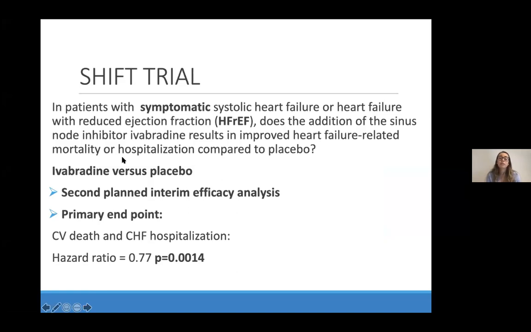In this trial, what they wanted to check is whether, in patients with symptomatic systolic heart failure, or heart failure with reduced ejection fraction, this sinus node inhibitor, ivabradine, results in improved heart-failure-related mortality or hospitalization compared to placebo.